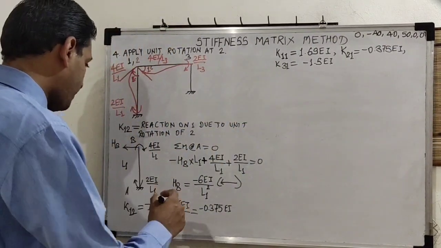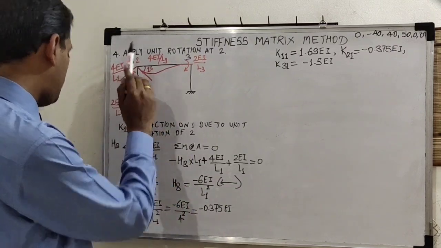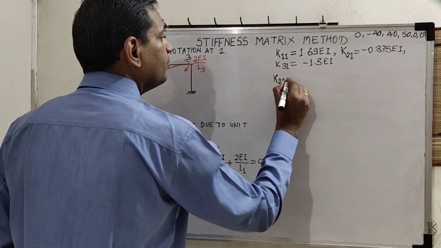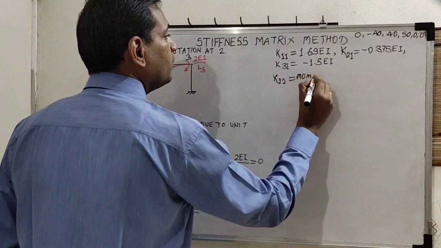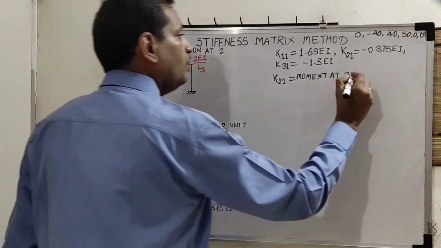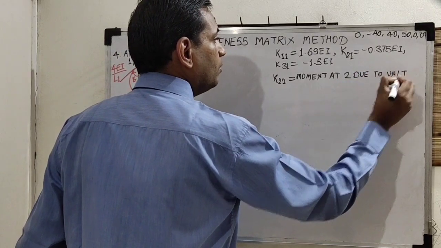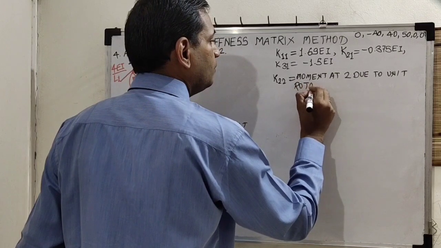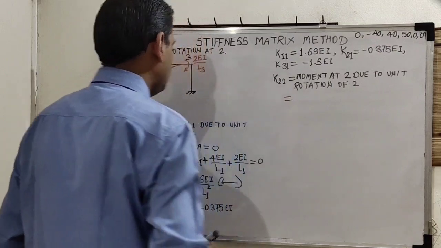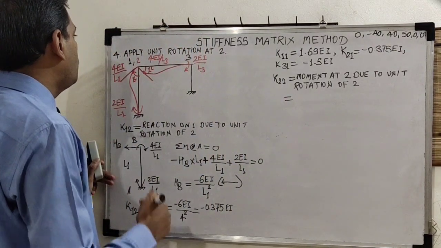So we need now two more values. We have got on location 1. Now K22. What is K22? Movement at 2. Why movement? Because second unknown is rotation. So movement at 2 due to unit rotation of 2. Okay. So how much is value here?